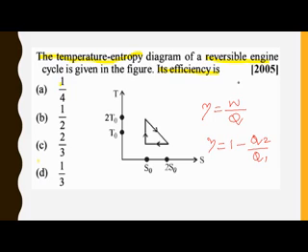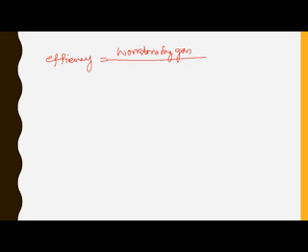First, W by Q. Efficiency is equal to work done by gas divided by heat supplied. This is a general formula, it's equal to W by Q.